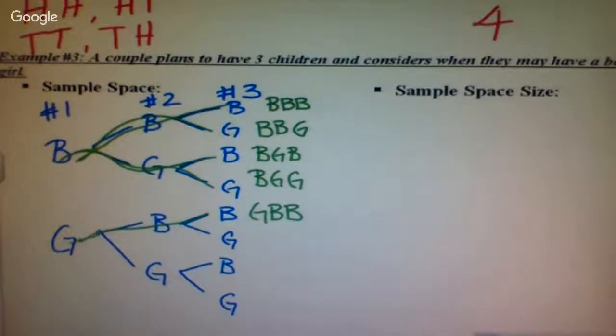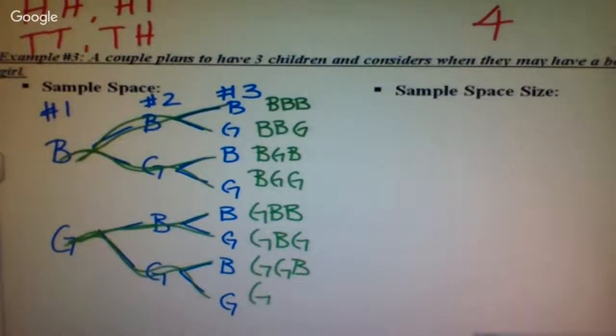So you've created this sample space by creating your tree diagram. And this gives you all of your options. The more we add to it, the bigger your trees are going to get. So what's my sample space size here? 8. Good answer.